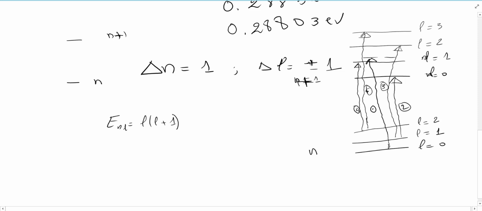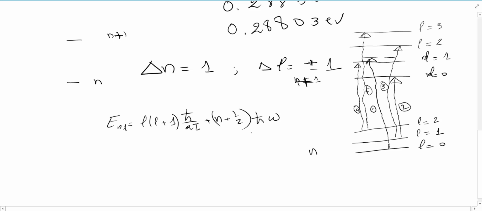It's L(L plus 1) times h bar squared over 2I, plus (n plus 1/2) h bar omega.